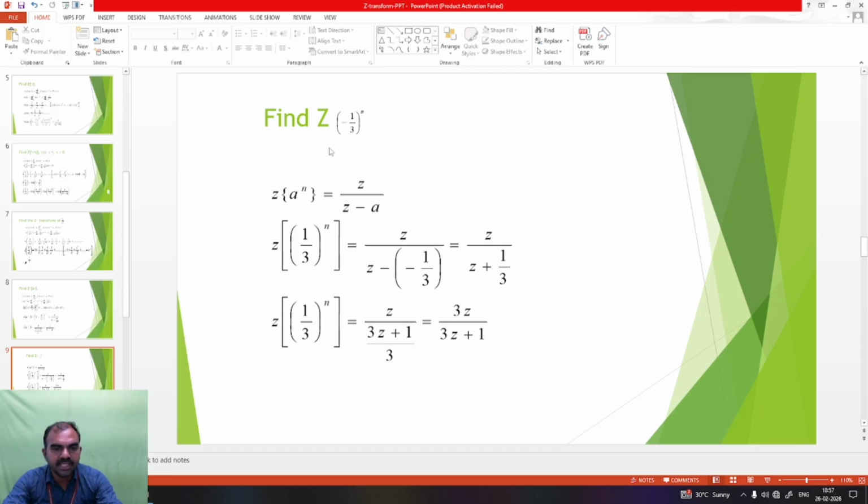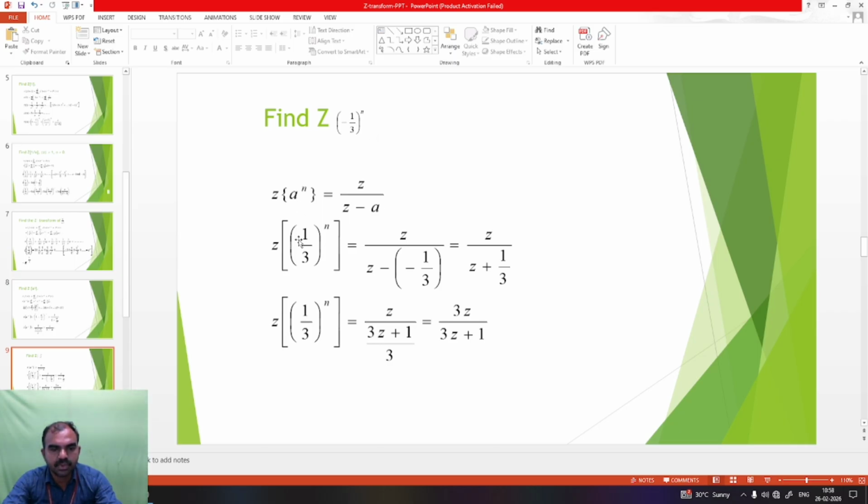Next one, find z of minus 1 by 3 power n. Okay. So here what is the a value? Minus 1 by 3. Already we know that z of a power n is the formula. See the previous one, z of a power n is z by z minus a. Just we replace a by minus 1 by 3.